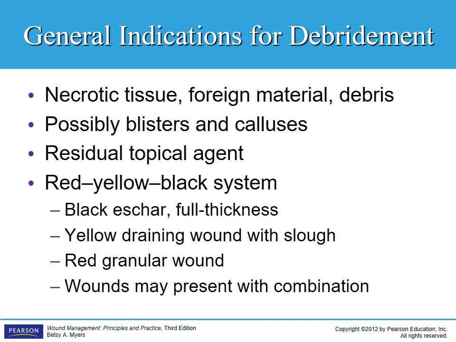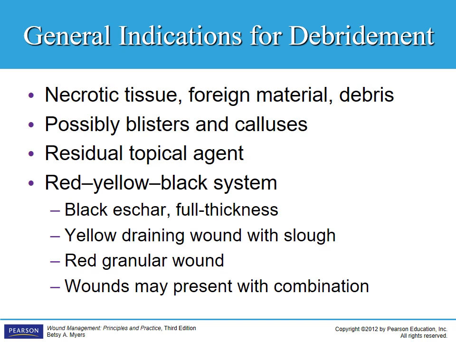But it's a creamy white topical agent. And again, when you take that old dressing off, a lot of times you're just left with a lot of that topical agent, so you really can't see what the wound's doing. And so you may need to debride some of it off just to see what's going on underneath that tissue.